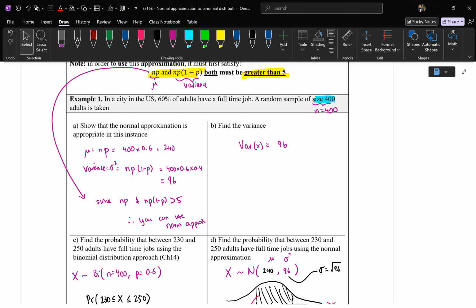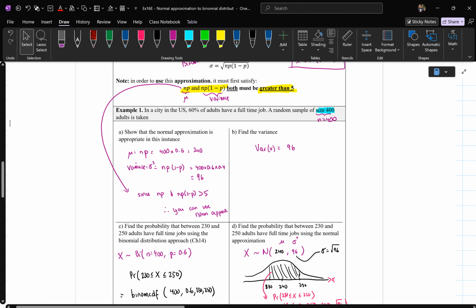So if you did a normal continuum, and I said, find the probability of x equals 230, you don't get anything. But if you did it in binomial, you do get something. And that problem is that 230 and 250 doesn't really get accounted for. So when you do a continuous versus a discrete, there's always going to be this off because of the endpoint. So I said, all right, well, if the endpoint was a problem, let's make the interval just slightly below and slightly above. And that makes it more accurate, closer. Still wouldn't be exact. But that's why it's an approximation.